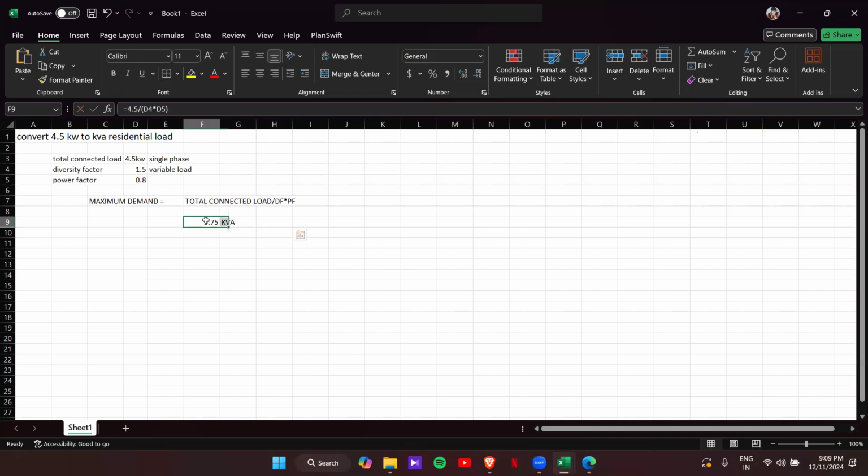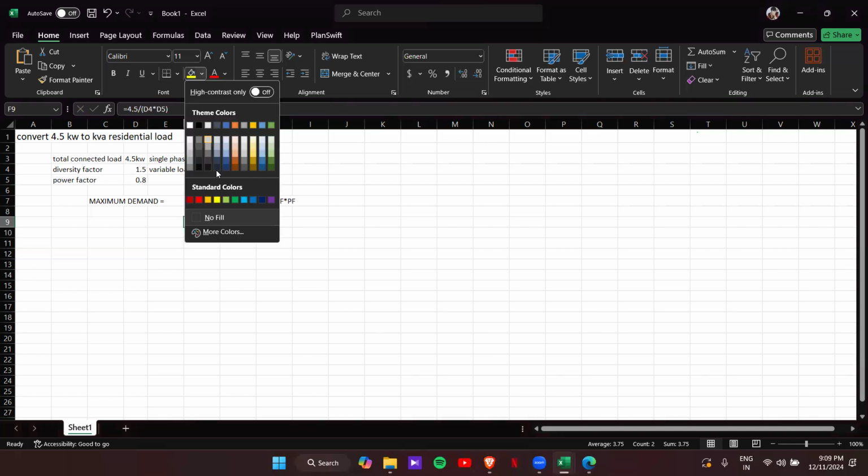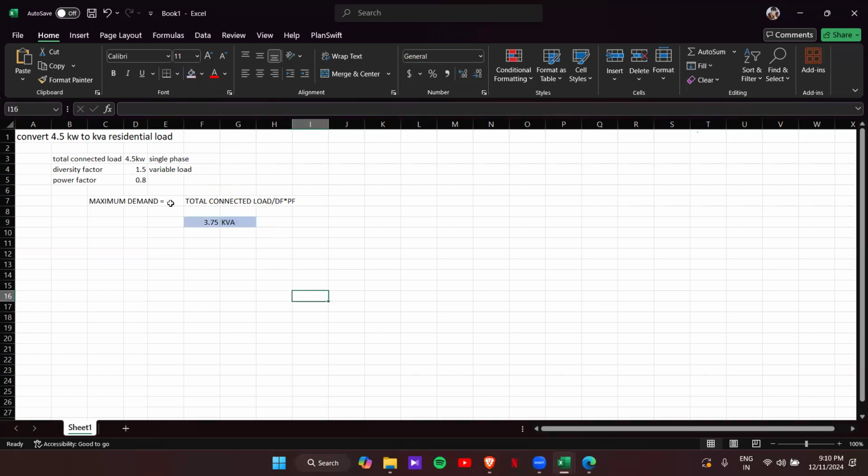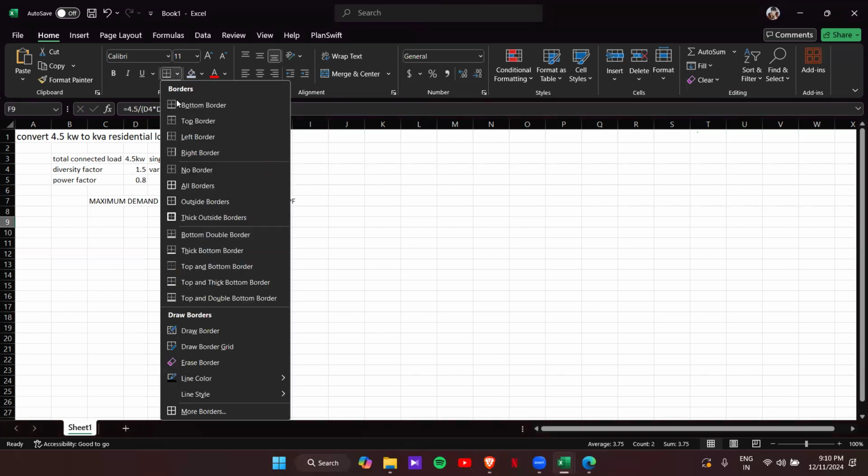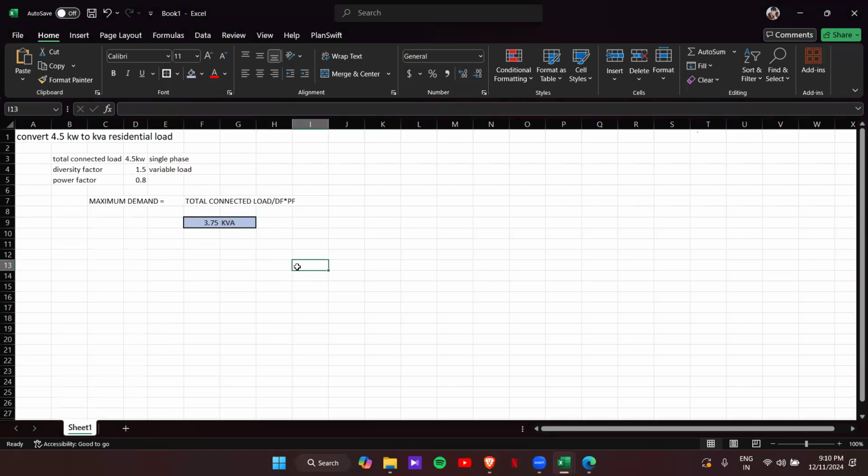That's the answer. So our conversion value of 4.5 kilowatt to kVA will be 3.75. Okay, got it? That is how we calculate.